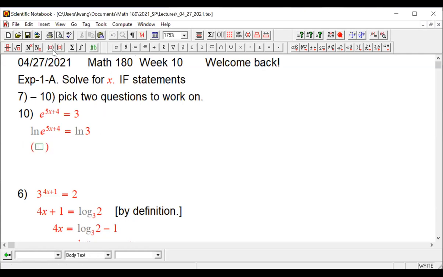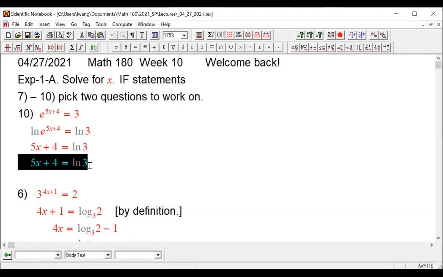We get 5x plus 4 times ln e. What does ln e equal to? 1. That's right. So we can drop it.